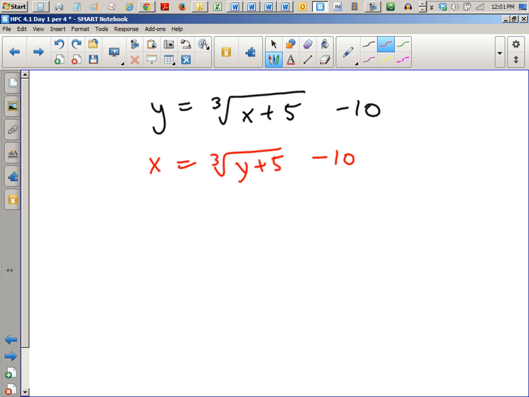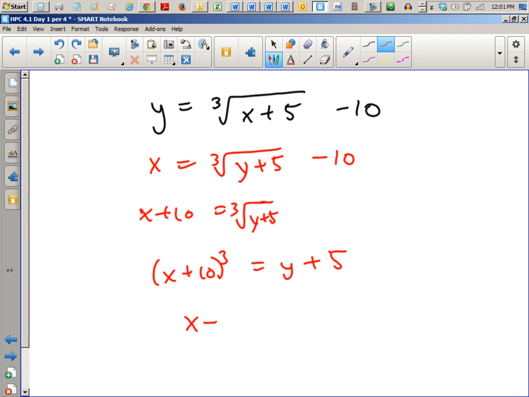So watch. You're just going to take the 10 and add it over. Cube both sides. Take away 5. You know how to graph that, don't you?